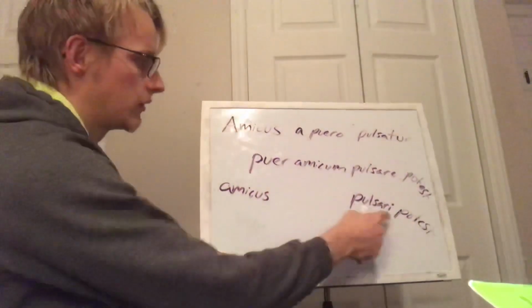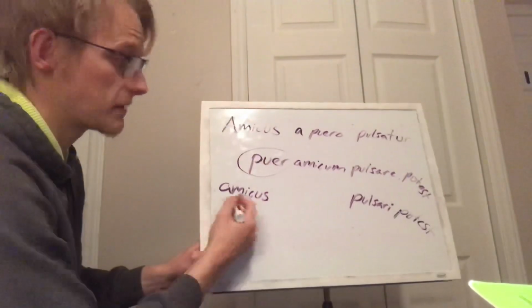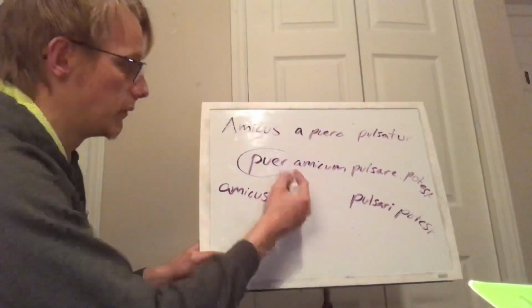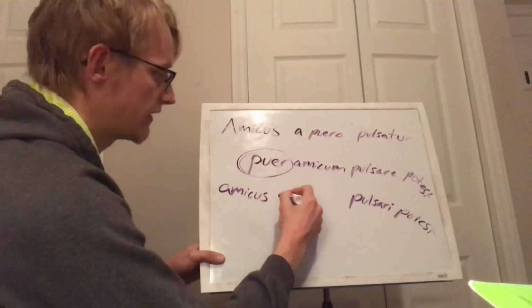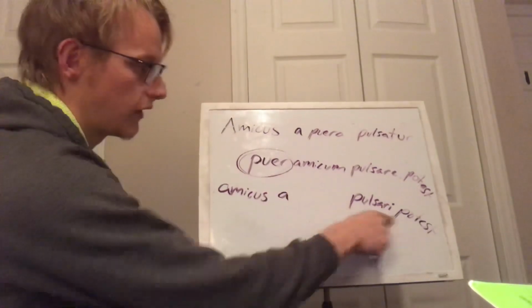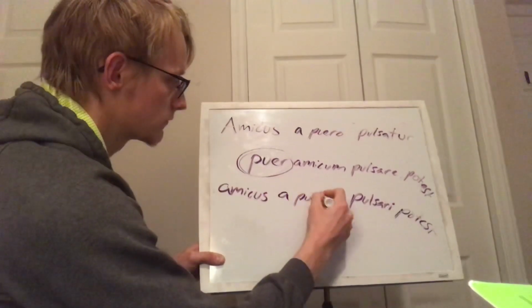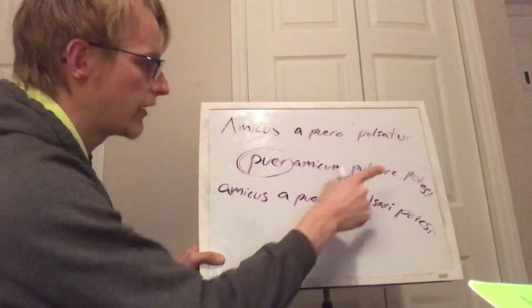Friend is able to be punched, and we can put this in our sentence as well. I mean, this makes sense by itself. Amicus pulsari potest. The friend is able to be punched, but we can put this in there too. He's going to be the agent, and that's exactly the same way that you've been doing it before. So this is the only thing that changes. This part doesn't change. A puero. Amicus a puero pulsari potest.